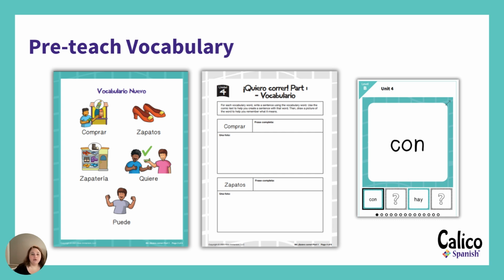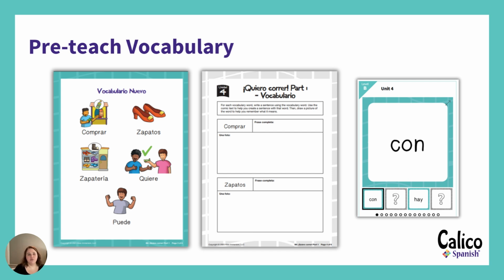So when you go through and pre-teach this vocabulary, one of the activities provided is a vocabulary activity sheet. So for this unit, we are asking learners to look at the word, put it in a complete sentence, and then draw a photo.